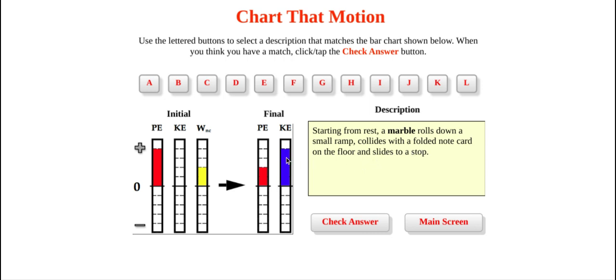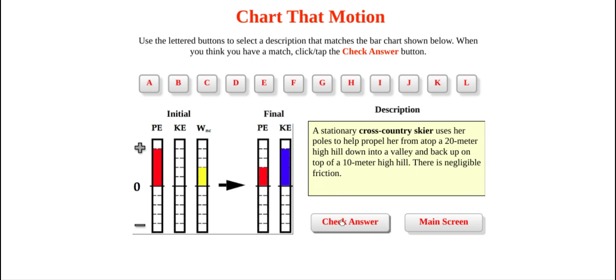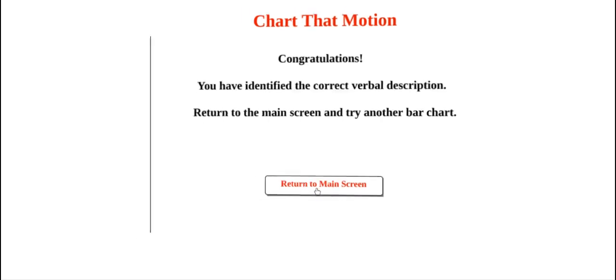If it stopped, it wouldn't have kinetic energy. That can't be it. Let's try L. A stationary cross-country skier uses her poles to help propel her. That'd be work she's doing to increase her speed. She's going down a hill, so the potential energy would be less, and she's speeding up as she goes. That looks like it could be right. Let's go ahead and check that. And sure enough, that's it.